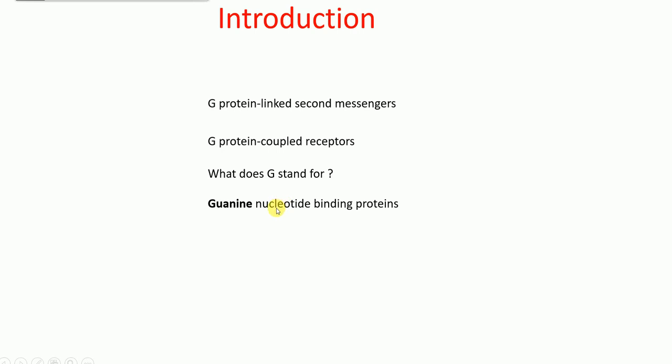So what are these guanine nucleotides that these G proteins bind with? One is guanosine triphosphate or GTP, and the other one is guanosine diphosphate or GDP. The difference between GTP and GDP is the phosphate group. In GDP, as the name suggests, we have two phosphate groups, and in GTP, as the name suggests, we have three phosphate groups.